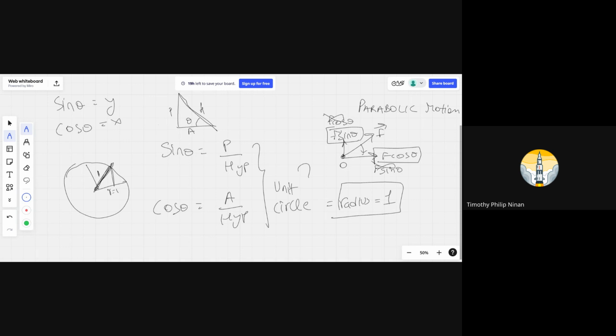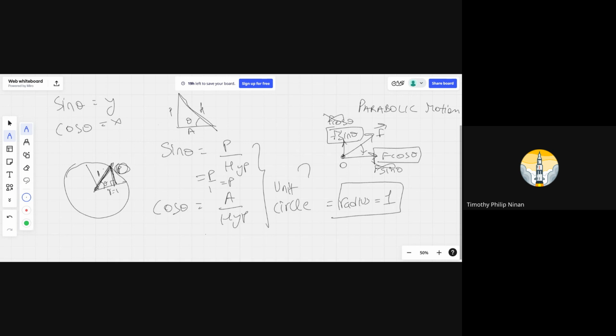Therefore, if you draw the line, the value of the hypotenuse is equal to 1. Therefore, sine theta is going to be p by 1, that's equal to p. That's the perpendicular height. That's this h value.